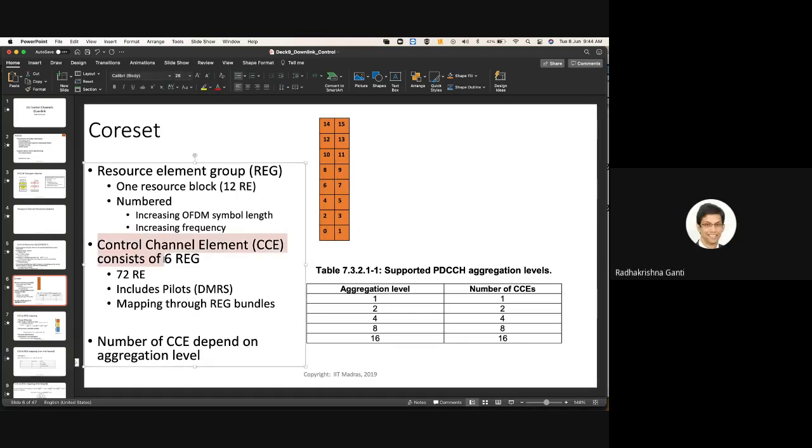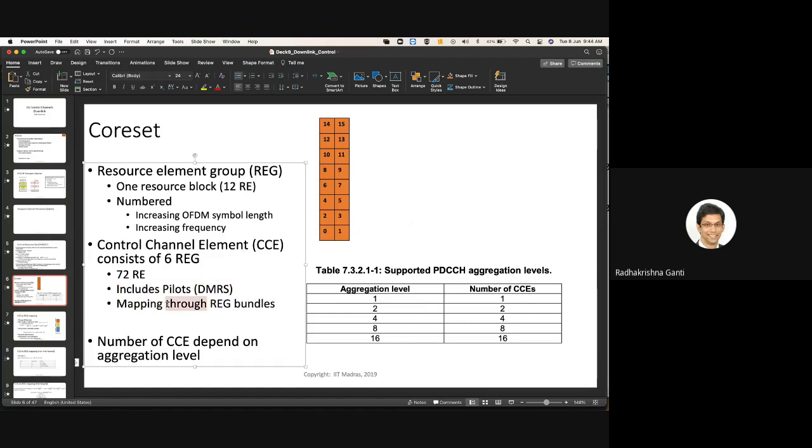So the next notion is called the control channel element. A control channel element consists of 6 REGs. Each REG has 12 resource elements, so 6 REGs have 72 resource elements. In the core set itself, there are pilots. All these REs are also interlaced with pilots. I will show you the pilots also.